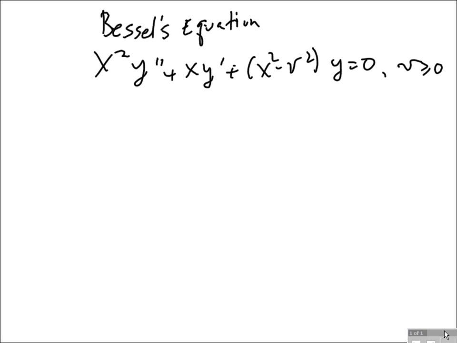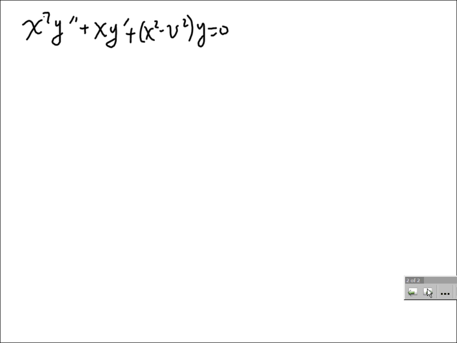Now, to solve such an equation, the equation once again being this, we assume, like we have been assuming, that the solution will be the summation of c sub n x to the n plus r.